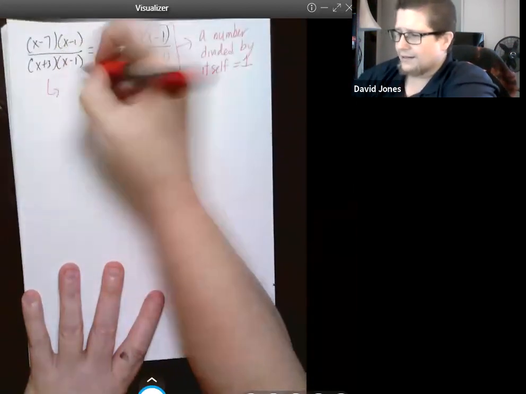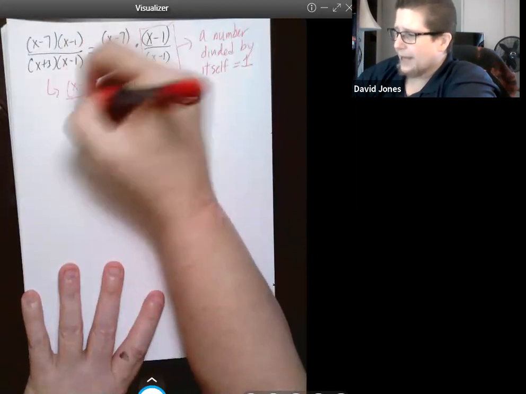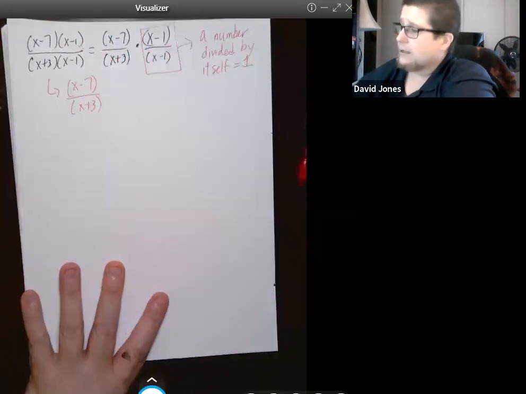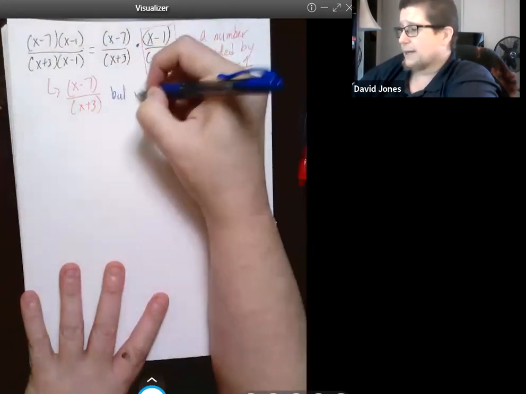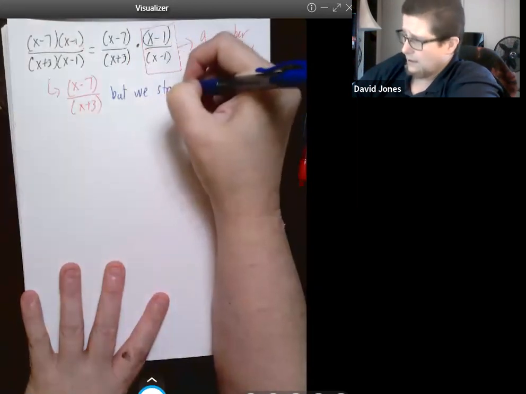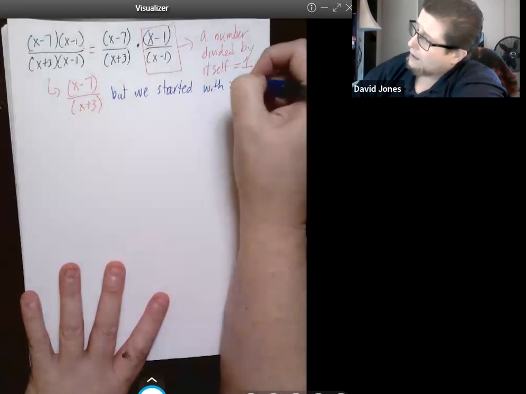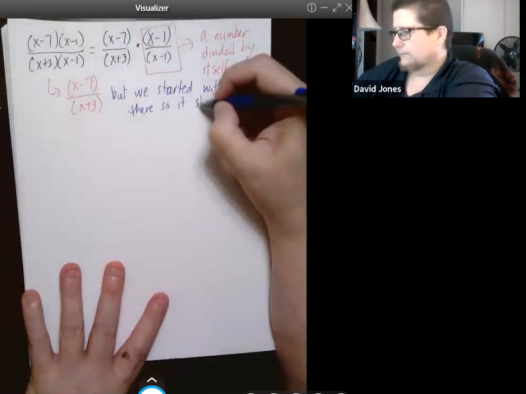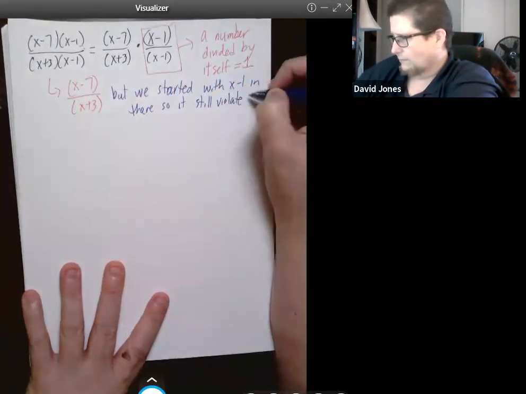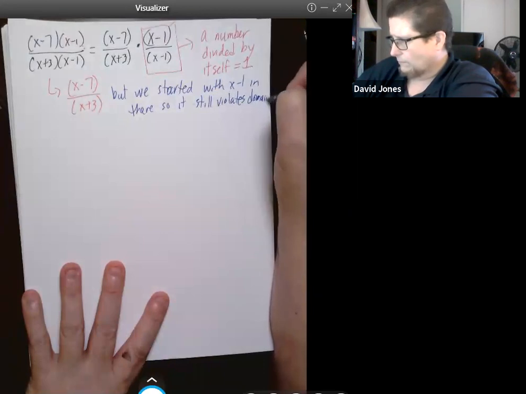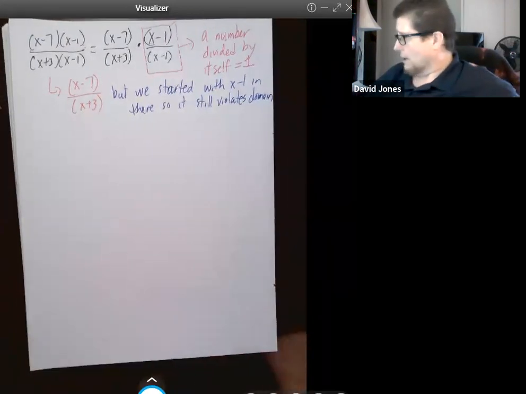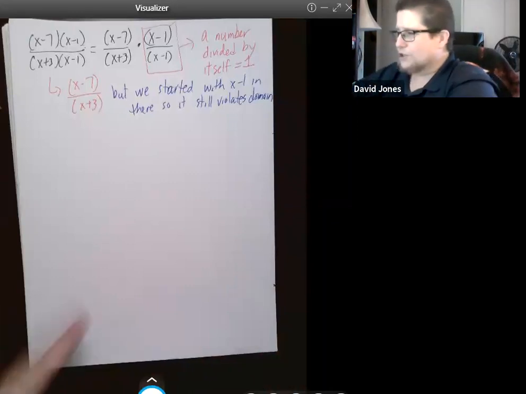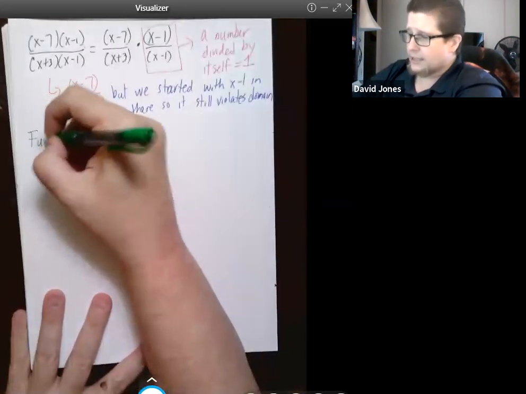So this whole thing simplifies to x minus 7 over x plus 3. But since we started with the x minus 1 in there, it still violates the domain. Okay? And this is based on what we just did there, which is really the fundamental theorem of fractions.